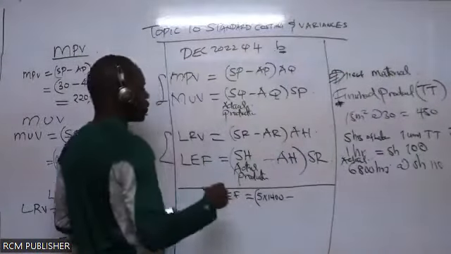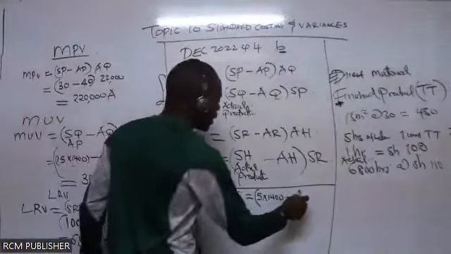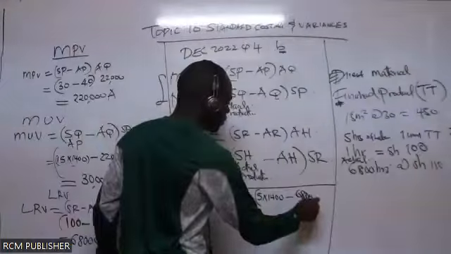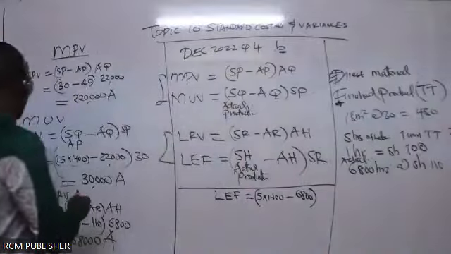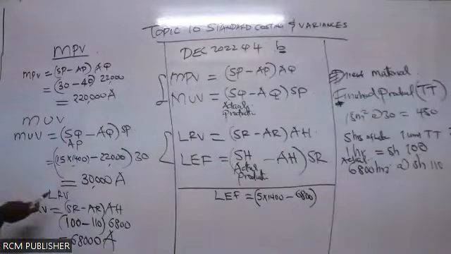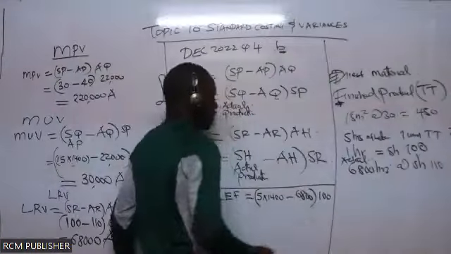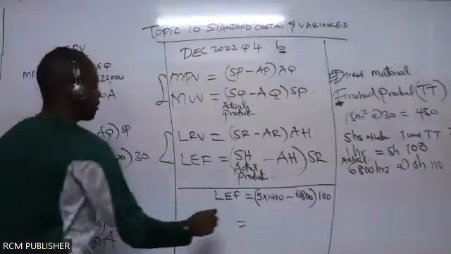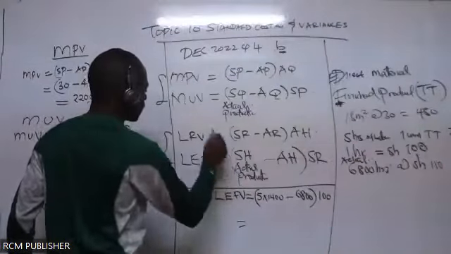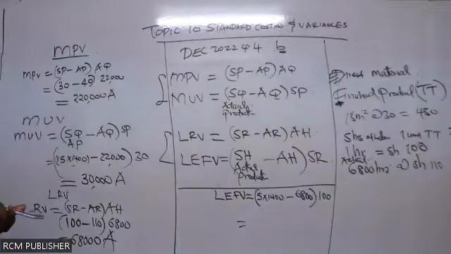We less actual hours, which we have there as 6,800. Then I multiply by the standard rate, which is 100 shillings. If that is done, I should be able to get my labor efficiency variance.